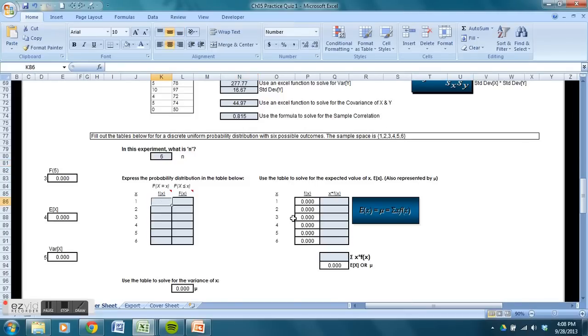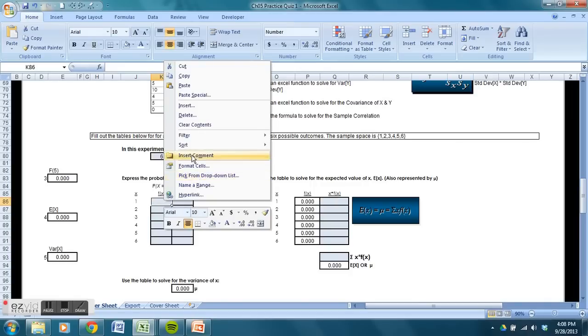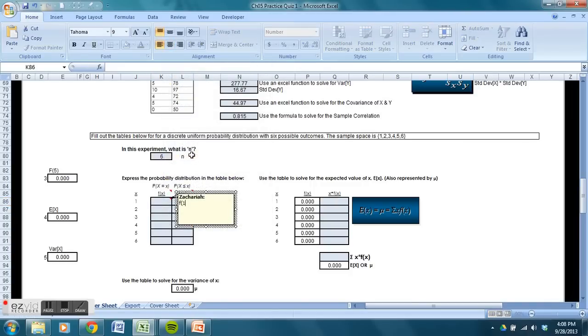Express the probability distribution in the table below. So, f of x represents the probability distribution, or the PDF. So, here, this guy is f of 1, which is equal to the probability that x, which is the outcome, equals 1.